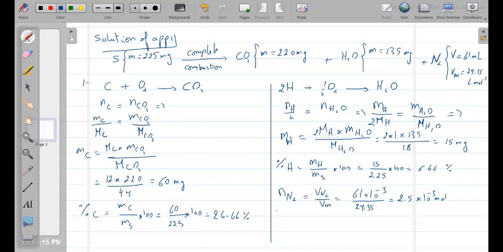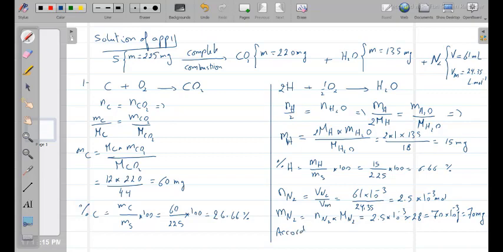Now we calculate mass of N2 equal number of mole of N2 times molar mass N2, equal 2.5 times 10 negative 3 times 28, equal 70 times 10 negative 3 gram, equals 70 milligram.